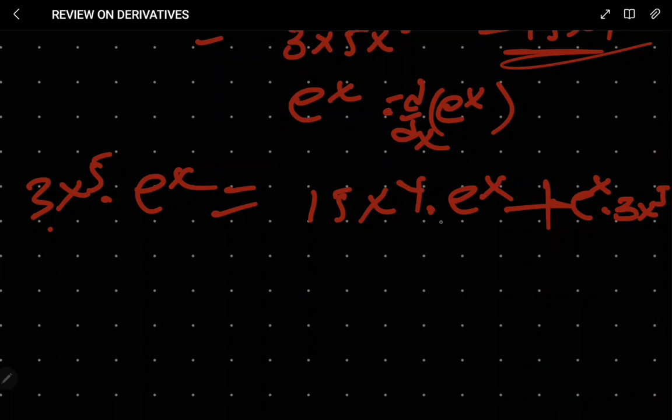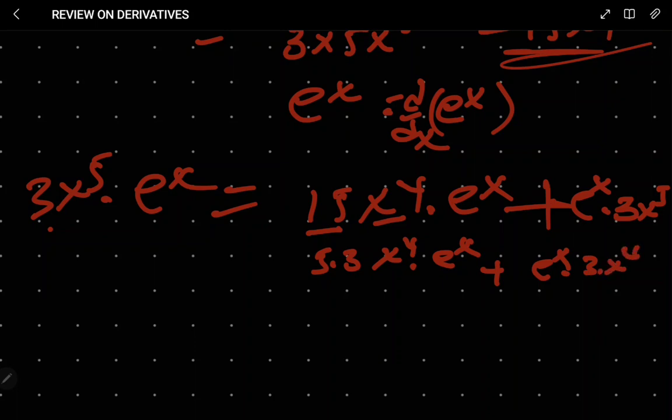You can simplify this in many ways. You can write this one as 5 times 3, 15, times x raised to 4 times e to the power of x, plus e to the power of x times 3 times x raised to 4 times x, because x raised to 5 is x to the power of 4 times x. When you take the common factor of these two terms, what is the common?